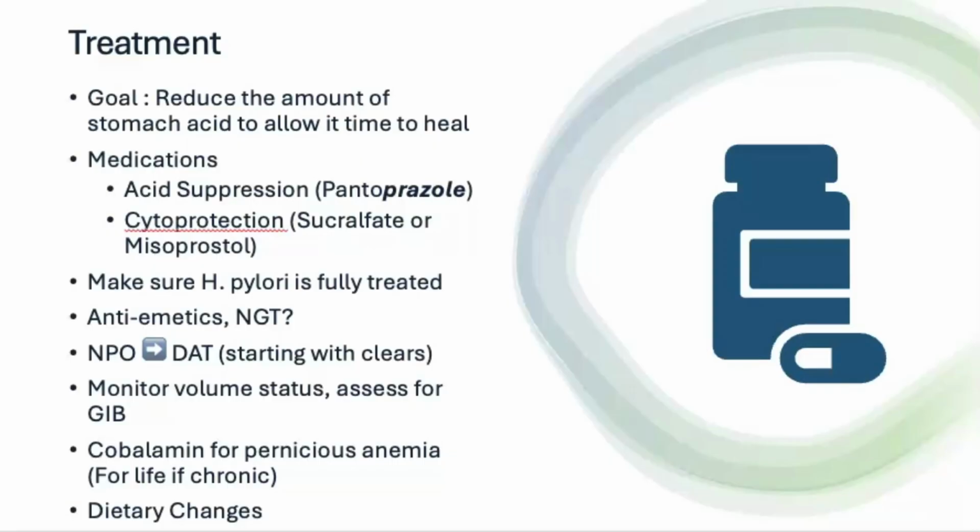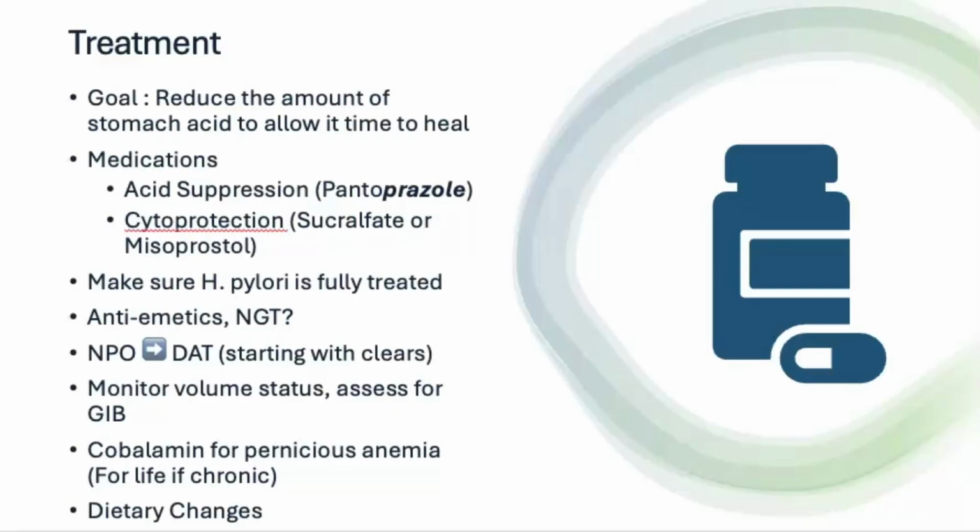So when we get down to the medications, typically what we're doing is we're giving acid suppression drugs and also cytoprotection medications. So for acid suppression, the drug classification of choice is our PPIs, or our proton pump inhibitors, which decrease hydrochloric acid secretion and decrease mucosal irritation.